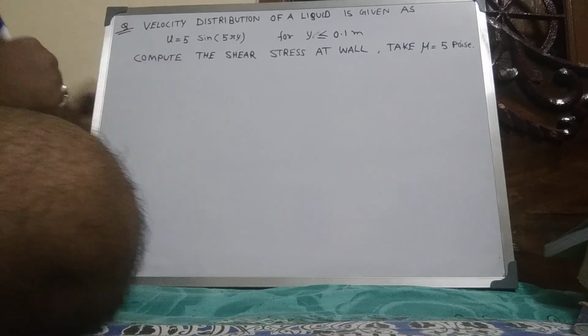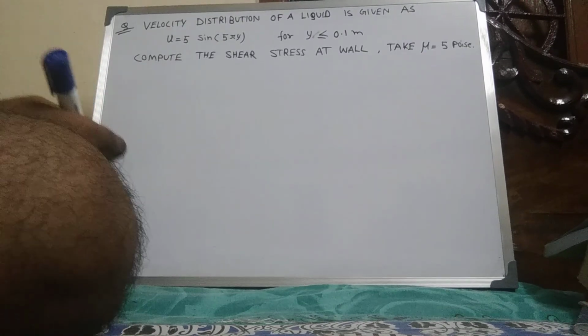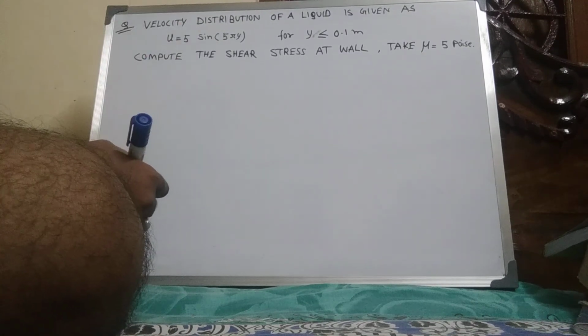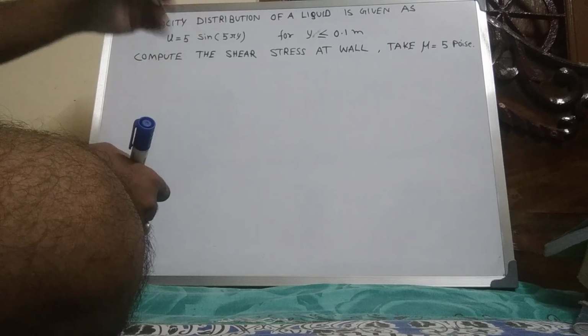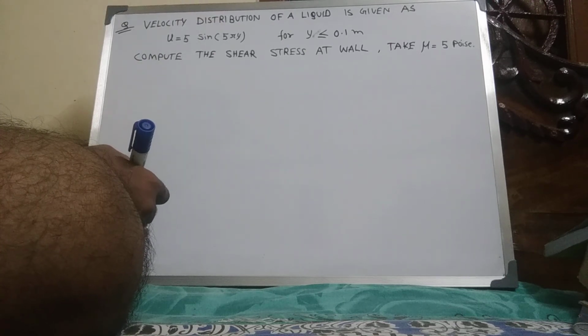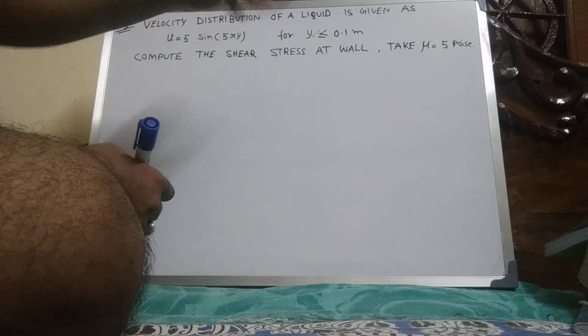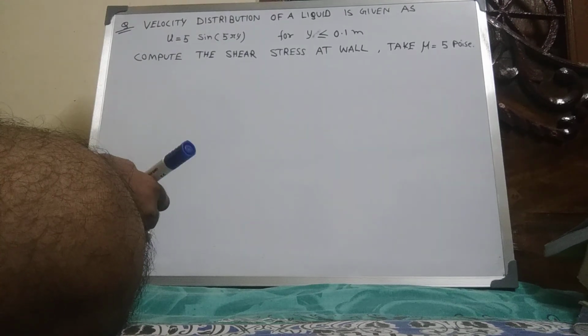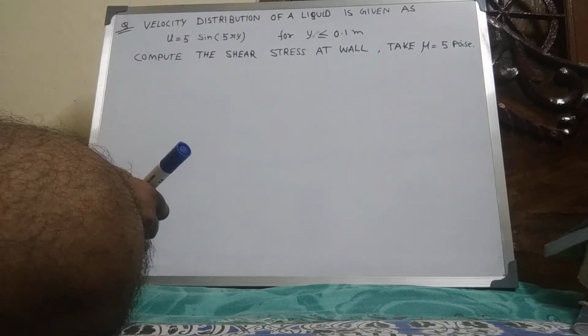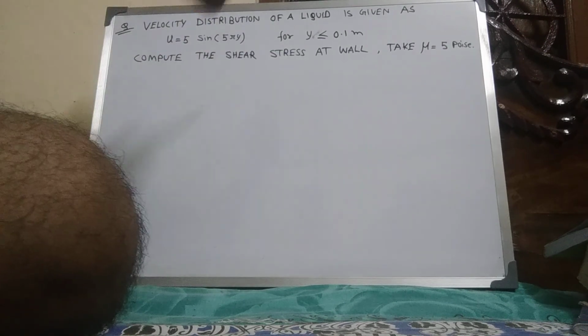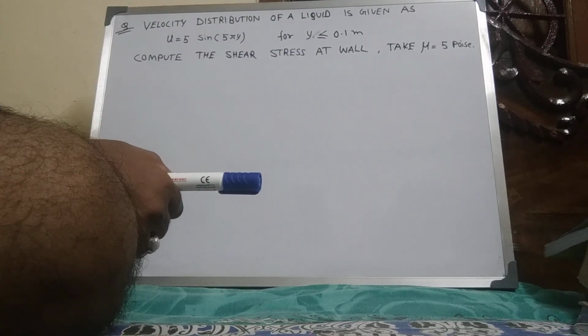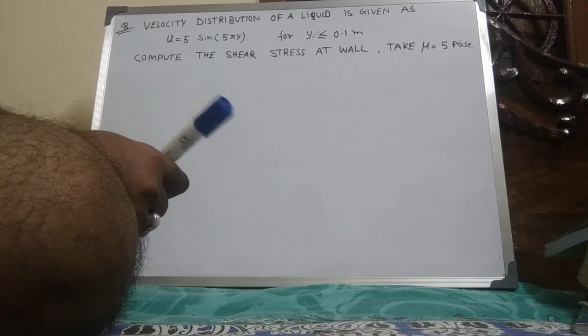Now this is the question. The velocity distribution of liquid is given as u equal to 5 into sine 5 pi y, y is less than or equal to 0.1 meter, and calculate the shear stress at wall, where mu equals dynamic viscosity equal 5 poise.